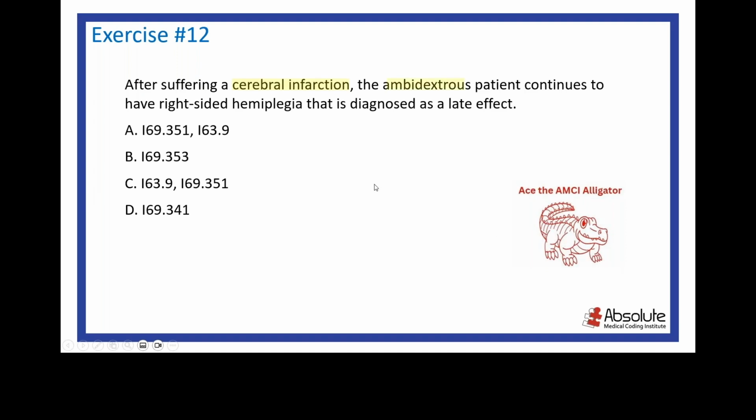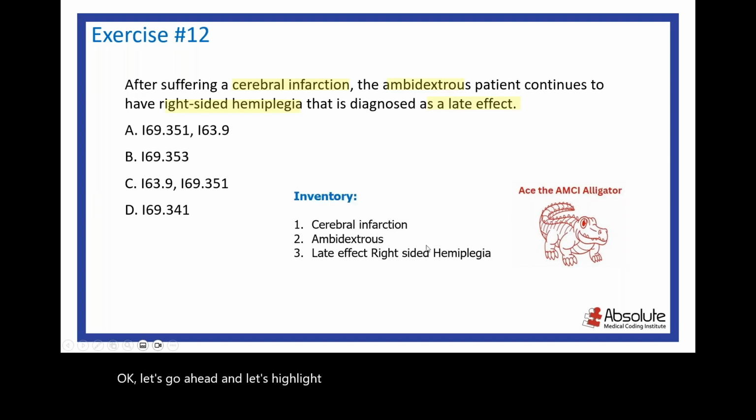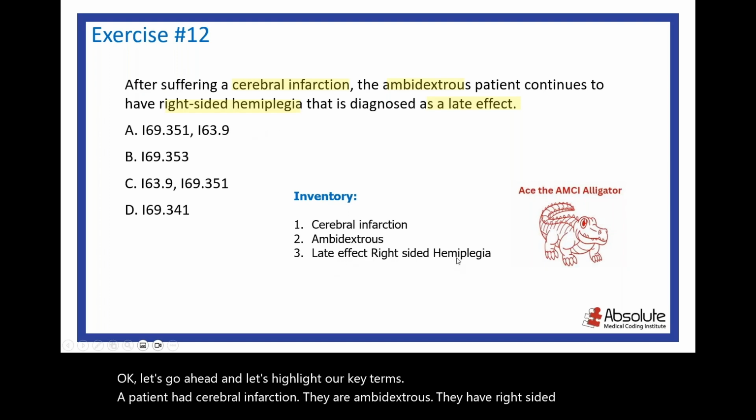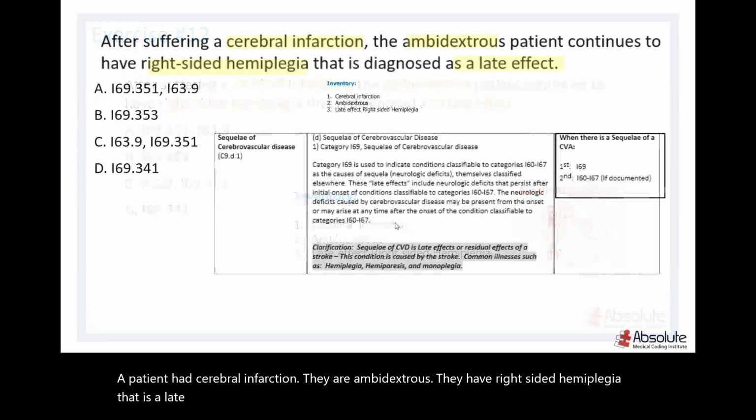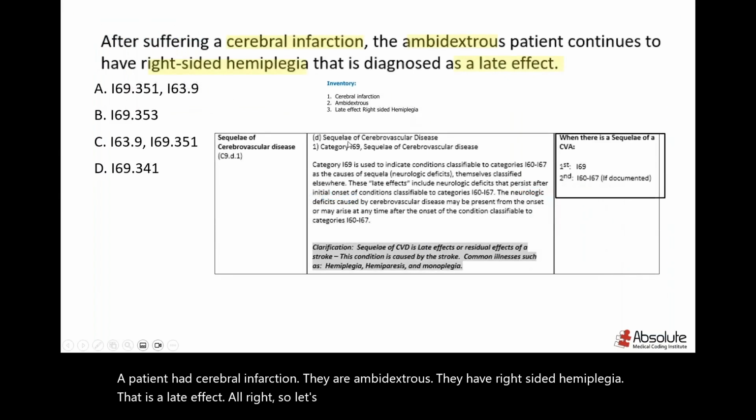Okay, let's go ahead and highlight our key terms. A patient had cerebral infarction. They are ambidextrous. They have right-sided hemiplegia that is a late effect. All right, so let's go to the guidelines.